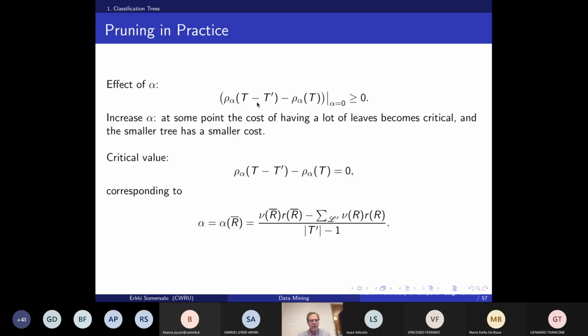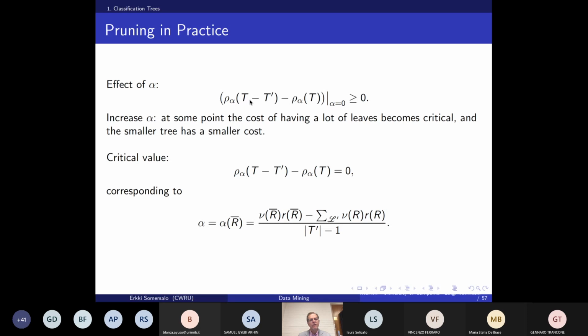And so we know that for alpha equal to 0, the cost complexity function is larger for the smaller tree than for the bigger tree. Why? Because there is no cost on complexity, only cost from misclassification. And the smaller tree is doing a poorer job in classification than the bigger tree. So the cost complexity of a smaller tree when alpha is 0 is larger than the cost complexity of the bigger tree.